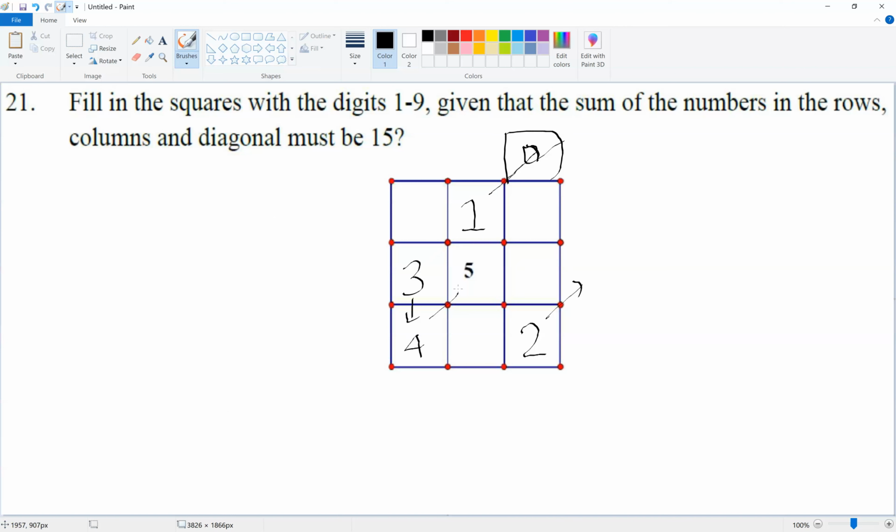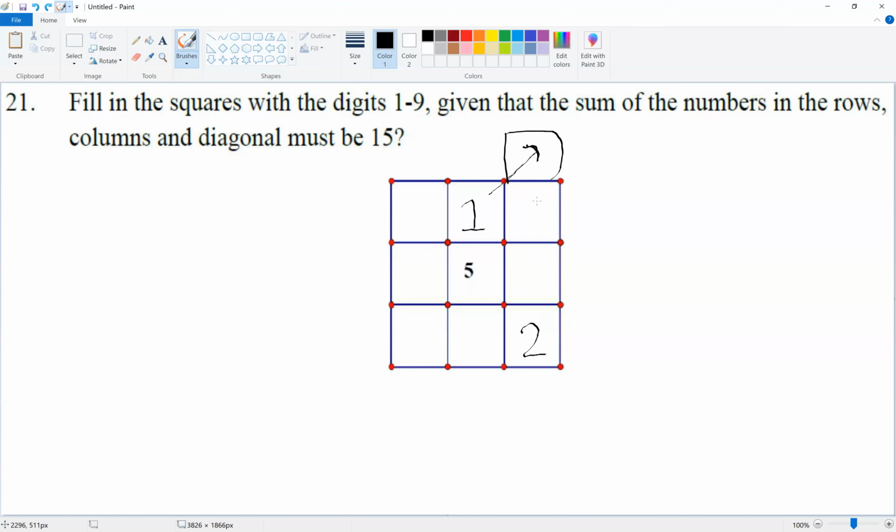It's 4. Now again, 5. So you cannot go. So 6, 7. This is 8. So 8 would be here. This is 9. You cannot go 9. So basically, oh, I think I messed up something. Let me see. Yeah, I messed up something. So always go northeast.